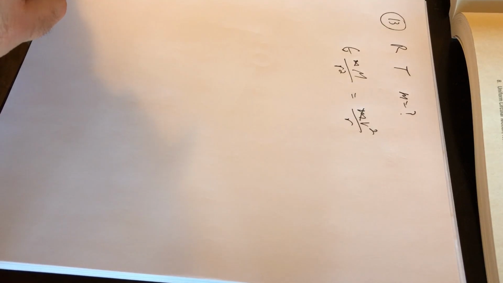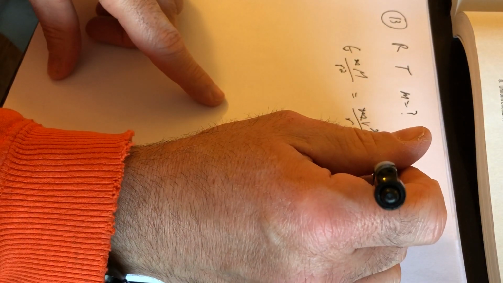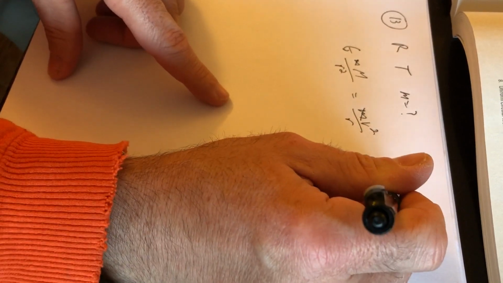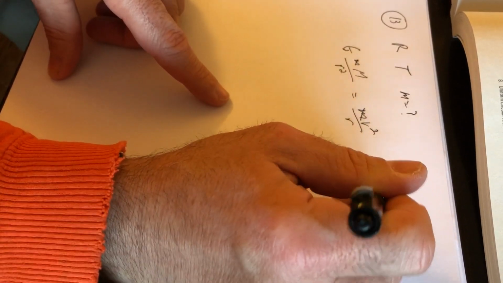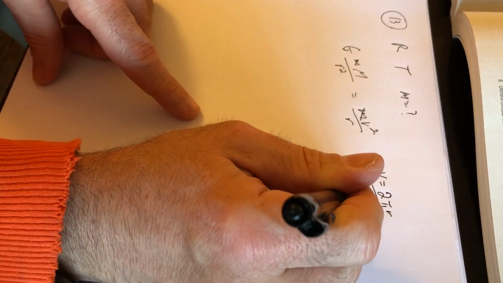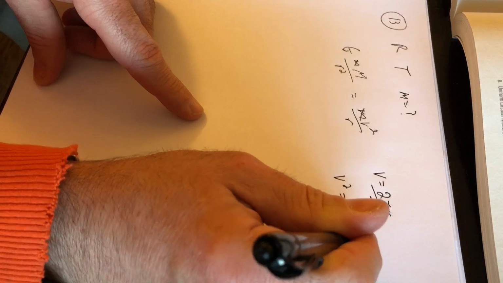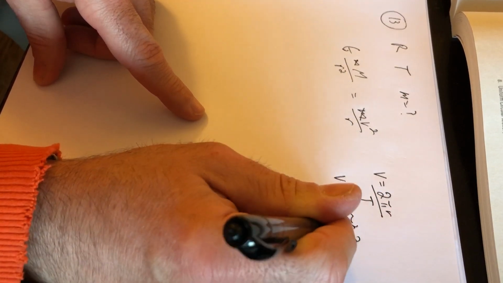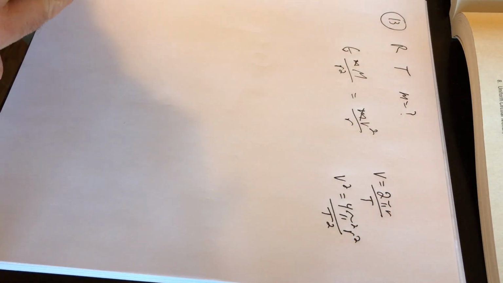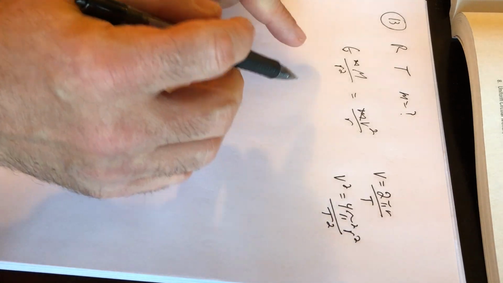So the masses cancel out, and the velocity is going to be equal to 2 pi r over T. So velocity squared is going to be 4 pi squared r squared over T squared, right? I got to square all those things.